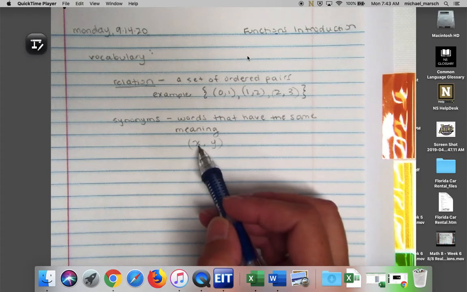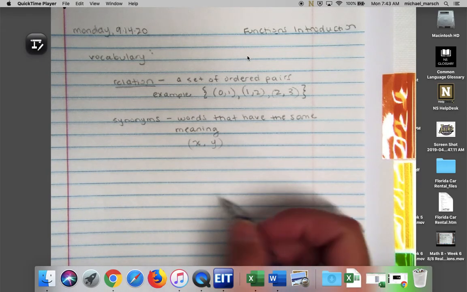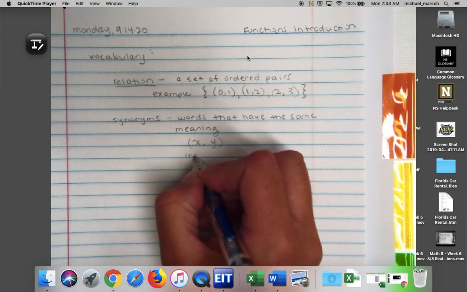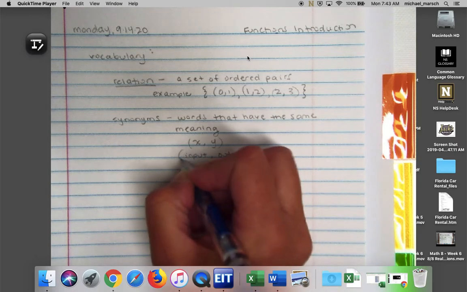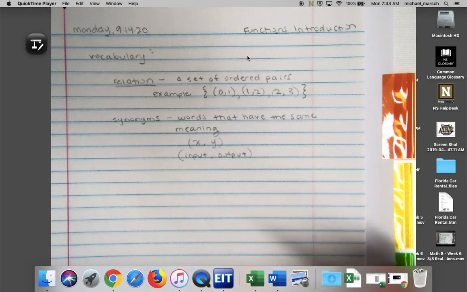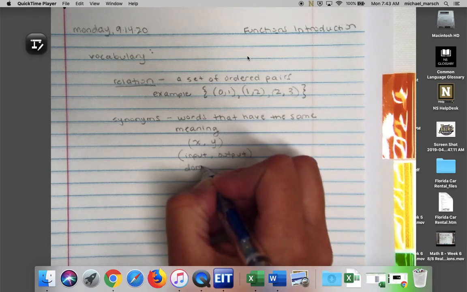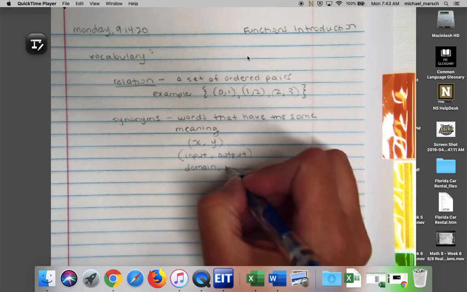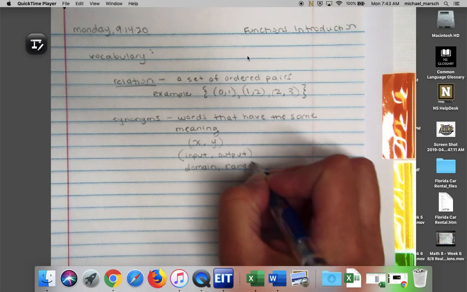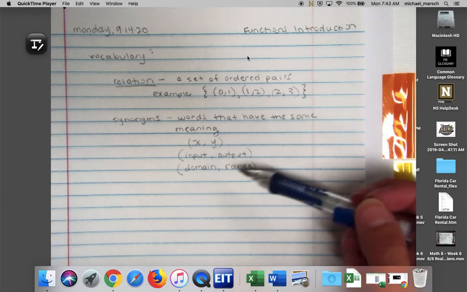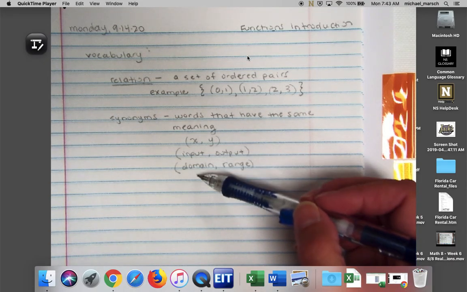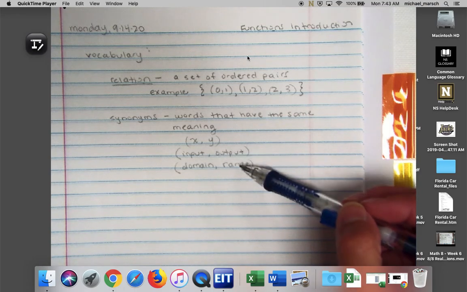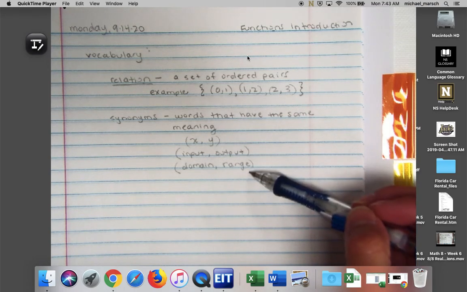This is our x is the first value, y is the second value. You're also going to hear me use input, output, and that was explained pretty well in the video, or domain and range. Domain is all the x values, range is all of the y values. So all of those things are interchangeable. X, input, domain, talking about this part of an ordered pair. Y, output, range, I'm talking about this part of the ordered pair.